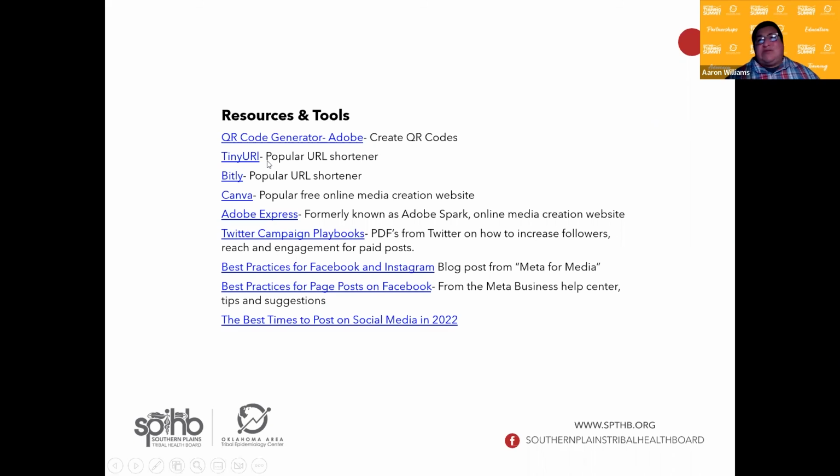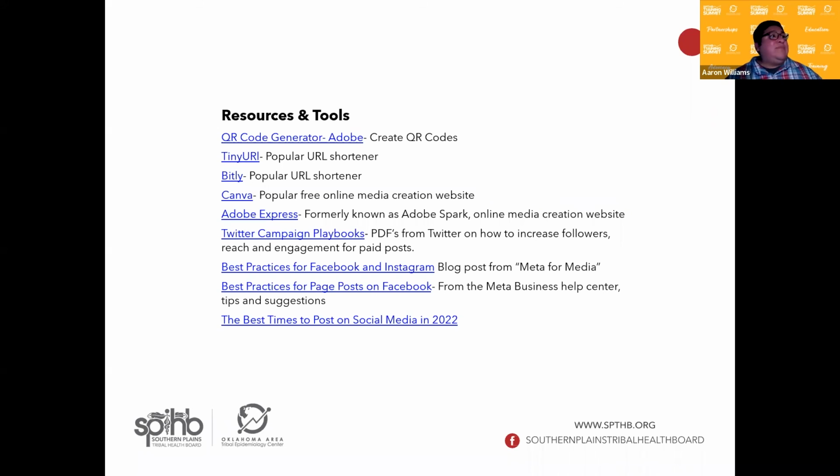QR code generator, these are all on the presentation that you can download. Tiny URL, bit.ly, a word of warning about using these. They're free, but they will track your clicks and sell your information.